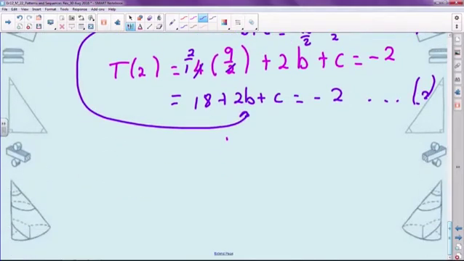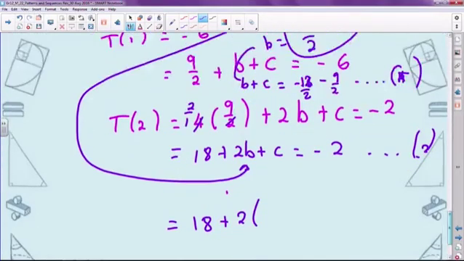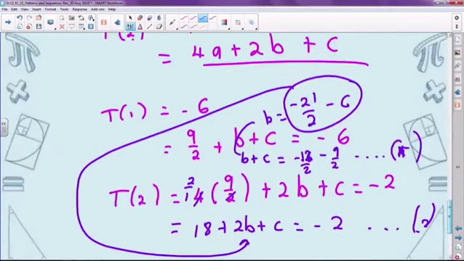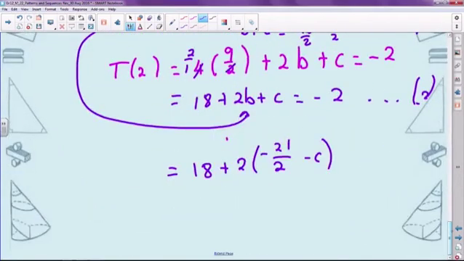All right, guys, I'm going to quickly go over this working with you, and you can fill in all this information for yourself, but I quickly want to show you what the steps are so that we can finish this off, and you can finish this off for yourself as well. After substituting in place of b in your second equation, so we substitute equation 1 into equation 2, you're going to get something that looks like this.